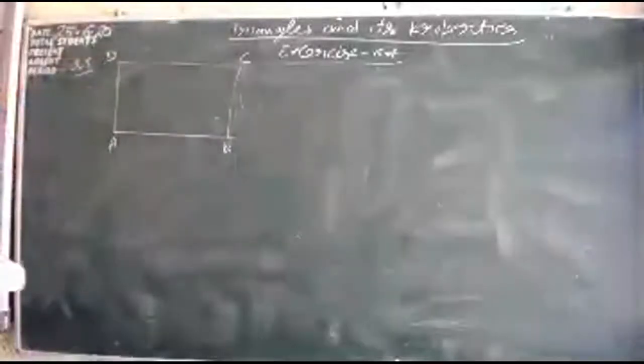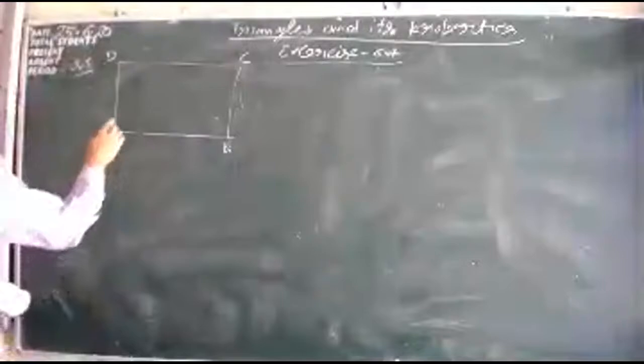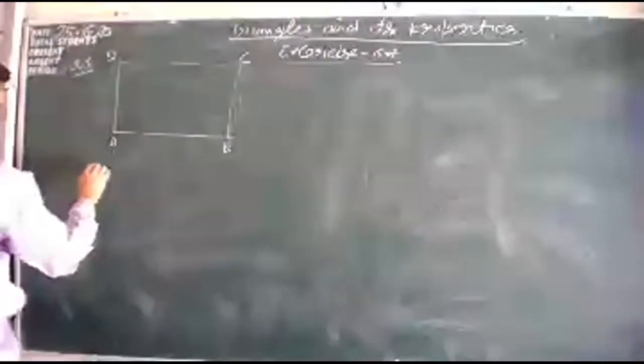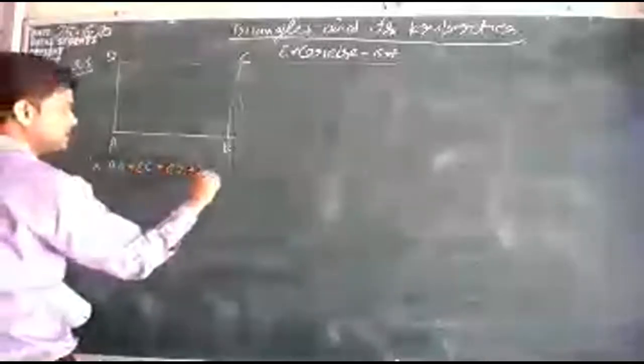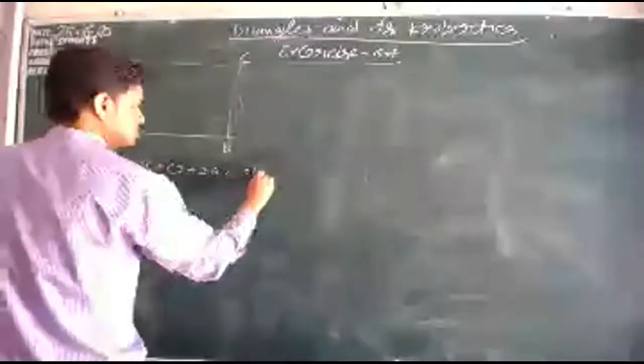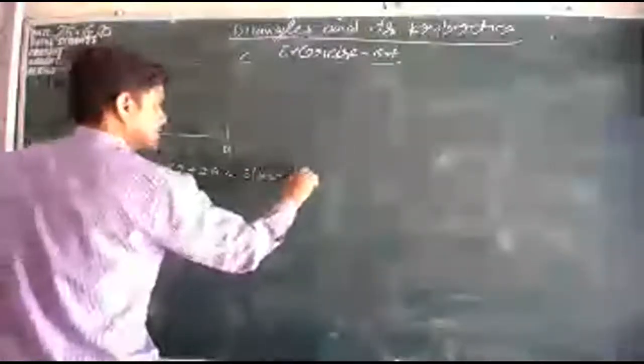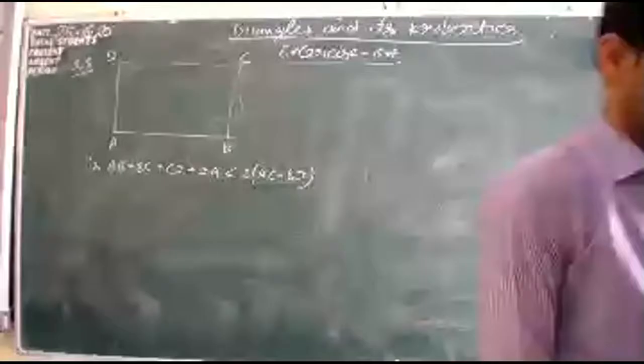Now we have to prove that in this quadrilateral AB plus BC plus CD plus DA should be less than 2AC plus BD. Is this possible in this question? We have to prove it.